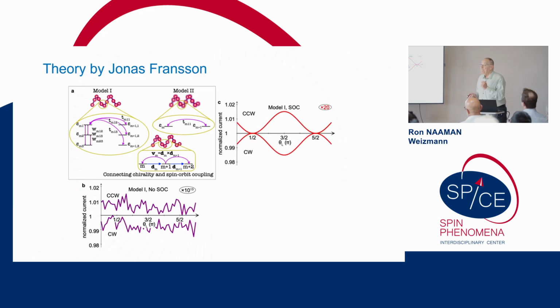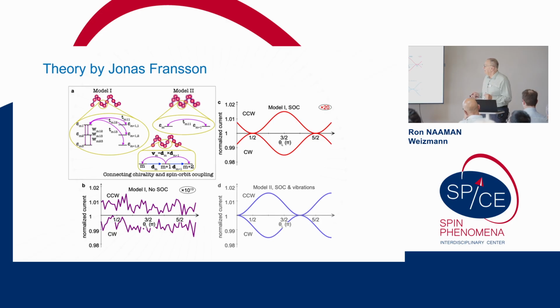Then he put the spin-orbit coupling on the system, only spin-orbit coupling, and then one gets a very weak signal and some angle dependence, but it's not the right angle dependence. In order to get the right angle dependence, you need to put both spin-orbit coupling and phonons that include dissipation. Only if you have them, then you get the right spin polarization.